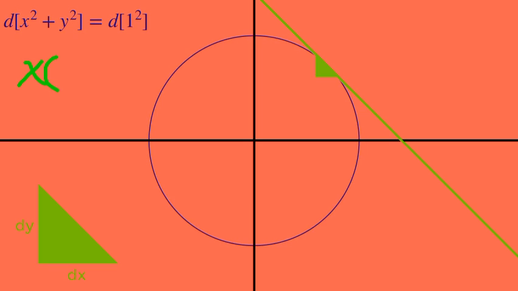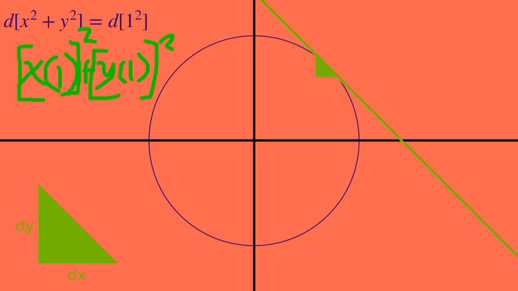So x of i, right? For lack of a better variable, I use i. x of i plus y of i, obviously squared, equals 1 squared. And this is simply the change in this function, the total change of this. Again, it's not a function.